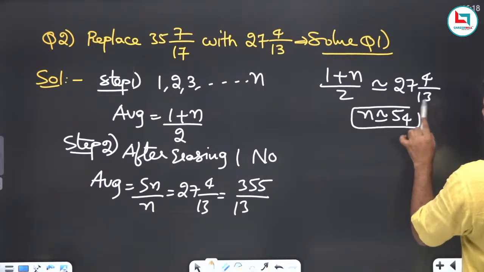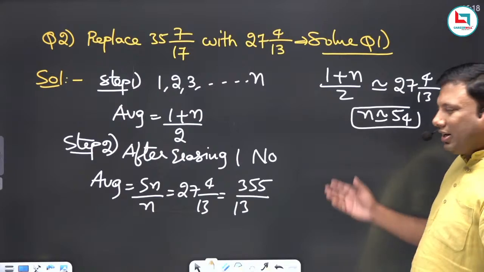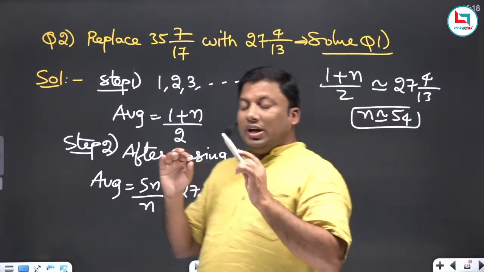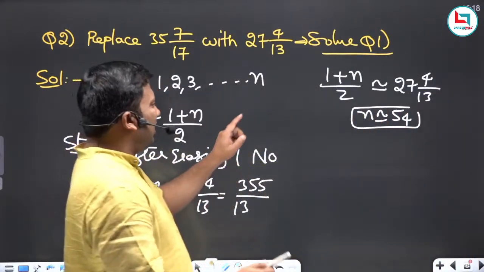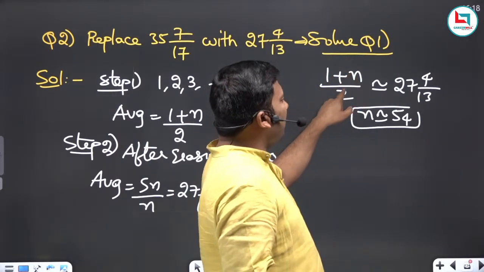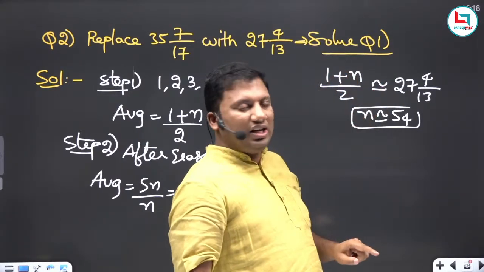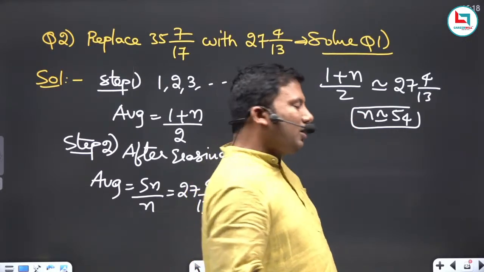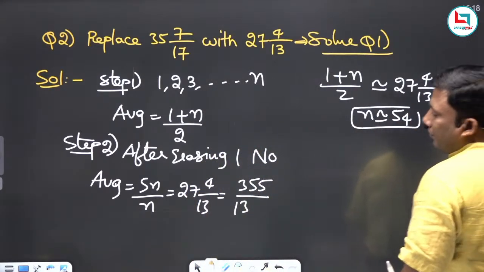It can be 53, 54 and so on. If you observe here, 1 is a very small number compared to n, so n by 2 is approximated to 27 point something. N will be closer to 54.